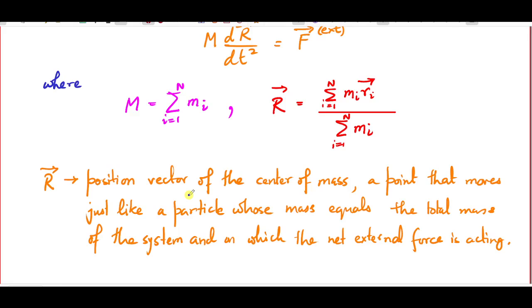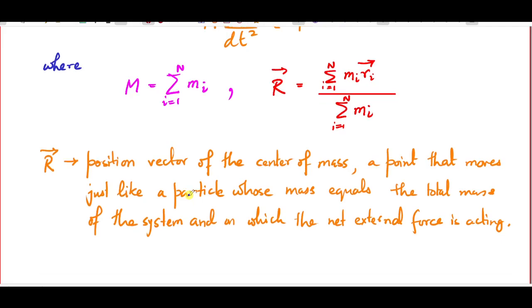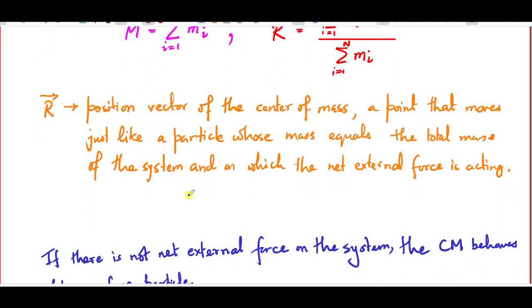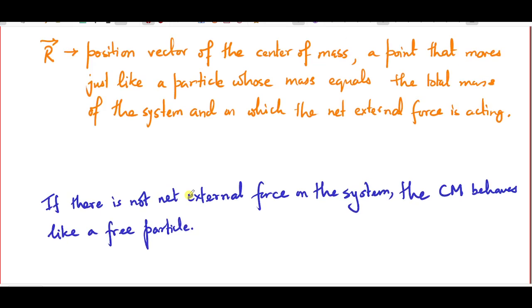An immediate corollary of this is the following. If there is no net external force on a system, then its center of mass behaves like a free particle. That is, it stays stationary if it was stationary at the beginning, or if it were moving, it would keep on moving with uniform velocity.